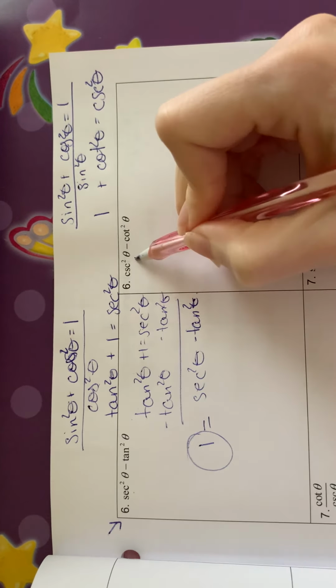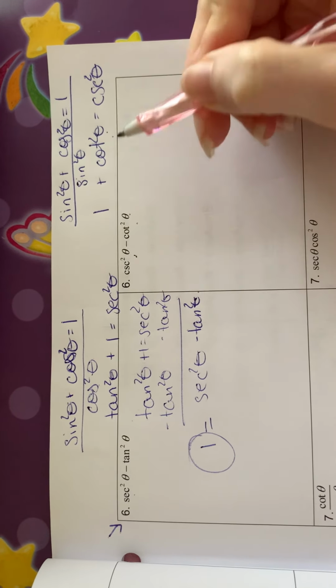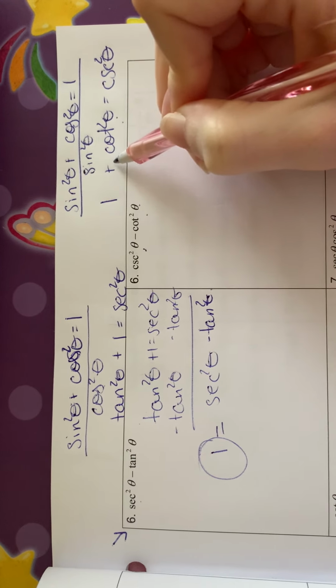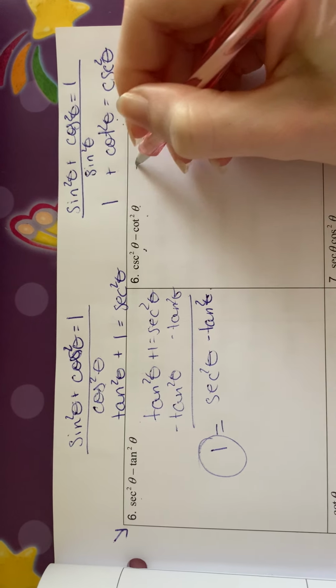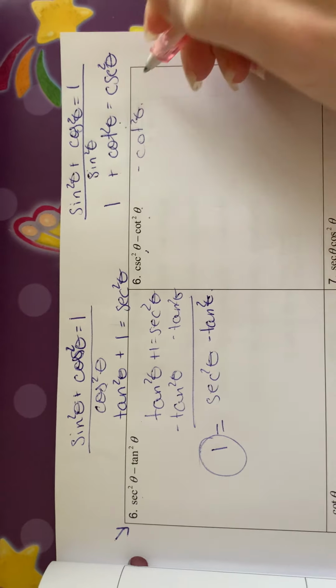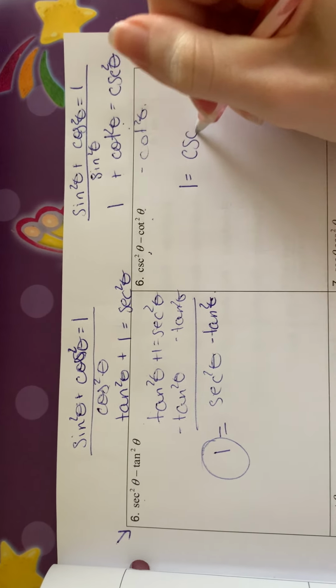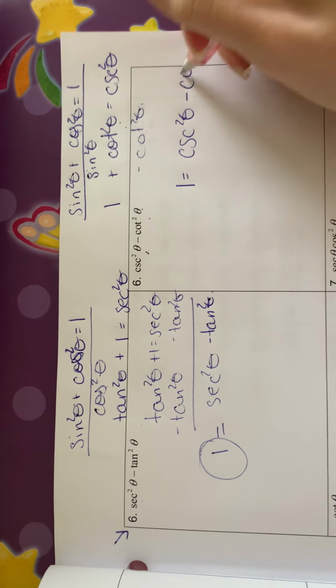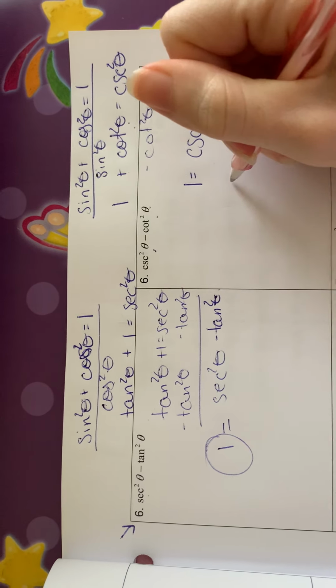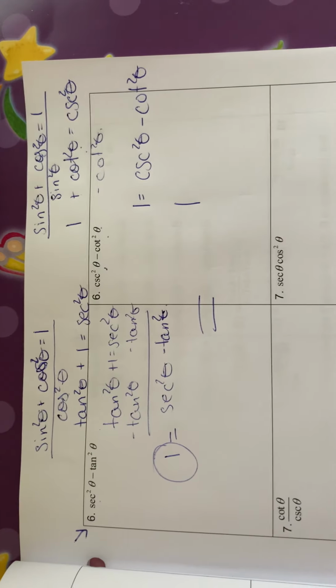Look at this, it's like I planned this. Oh, wait, I did. So subtract your cotan squared theta, and you will find out that cosecant squared theta minus cotan squared theta equals 1.